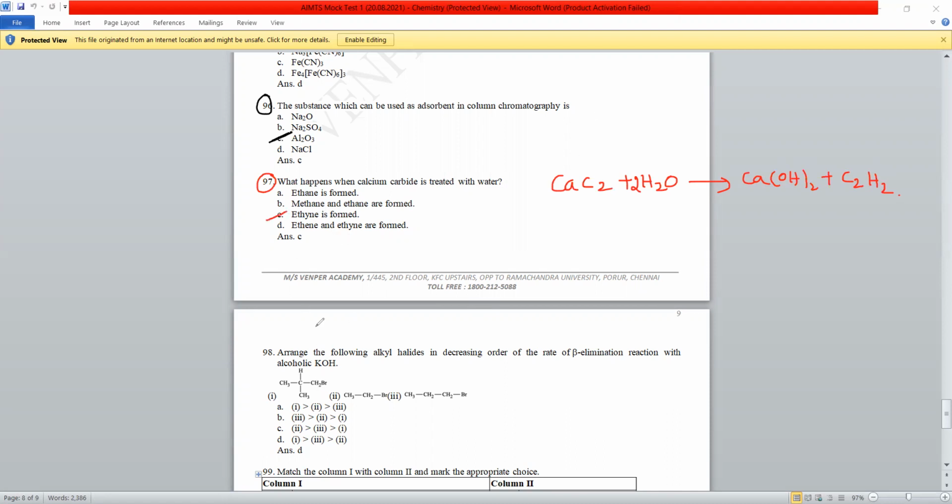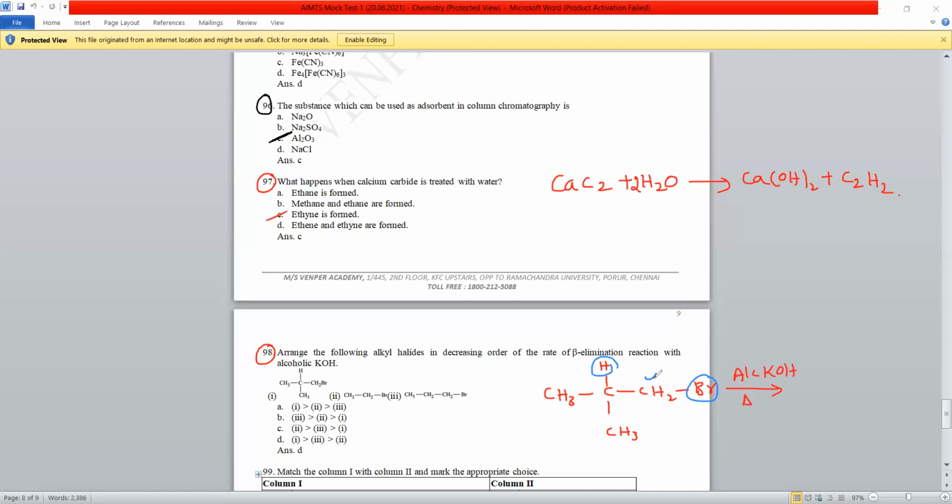Next question number 98. Arrange the following alkyl halides in decreasing order of beta elimination. If you see, the rate depends upon the formation of the alkene. Here, with bromine on the beta carbon, on treatment with alcoholic KOH and heat, we eliminate hydrogen as well as bromine.